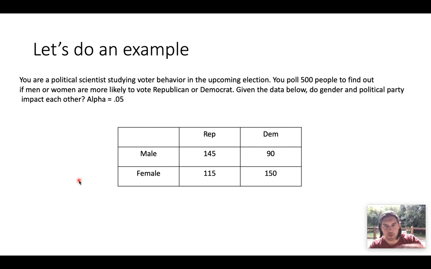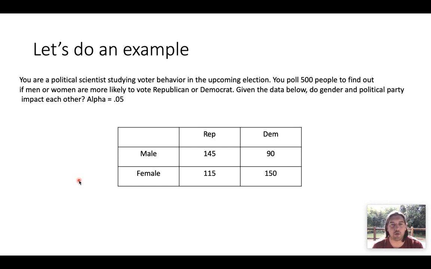Okay, so let's stick with this example of gender and voting. You're a political scientist studying voter behavior in the upcoming election. You poll 500 people to find out if men or women are more likely to vote Republican or Democrat.